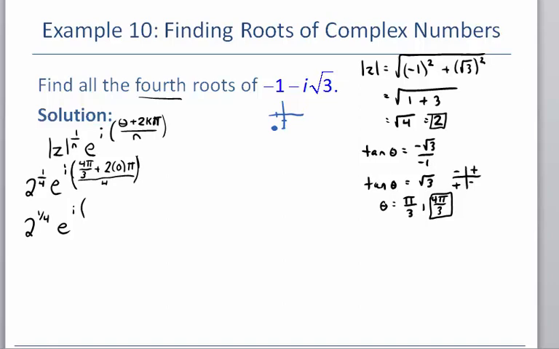Now, this 2 times 0 pi just kind of cancels out because that's going to become 0. So really we're looking at 4 pi over 3 divided by 4, which is the same thing as multiplying by that reciprocal. And when I do that, these 4's are going to cancel, leaving me pi over 3 inside that parenthesis.